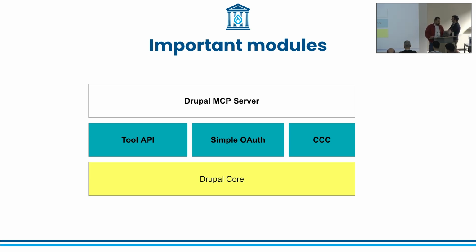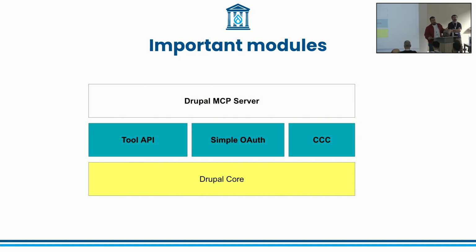But to me, if I want to select three main modules that you have to keep in mind when you think about Drupal and MCP, one very important layer is Tool API. It's not directly related to MCP, but MCP does depend on it in a hard way. So what's the Tool API?